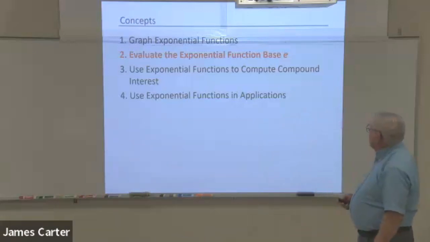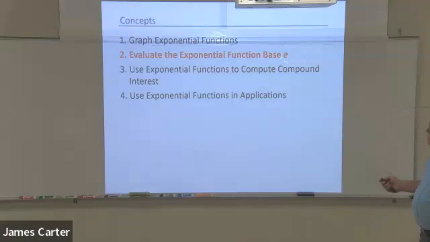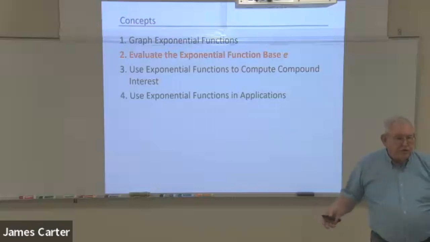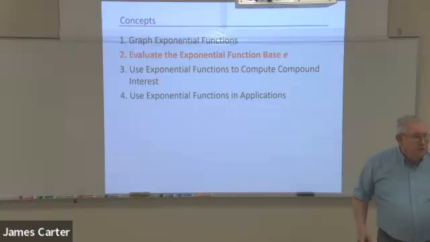But e is an irrational number that just keeps on going forever. Never stops, just like pi does. Except where pi is used in circles and arcs, e is used in doing basically predictions and financial work, growth rates, decline rates.